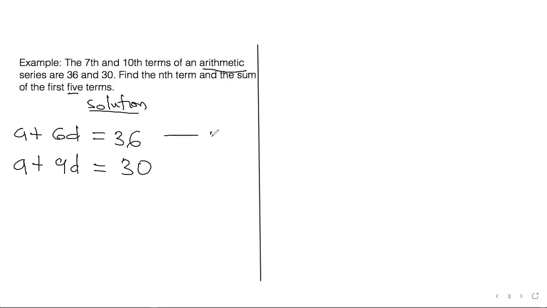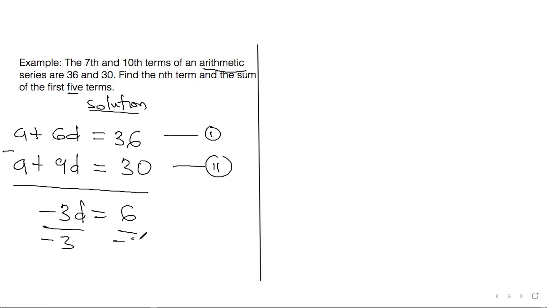If I call this equation 1 and this equation 2, I can solve them simultaneously and eliminate. If I subtract equation 2 from 1, A will cancel out, and I will have 6D minus 9D, which gives minus 3D, and 36 minus 30 gives 6. Then I divide both sides by minus 3, and D will be minus 2.